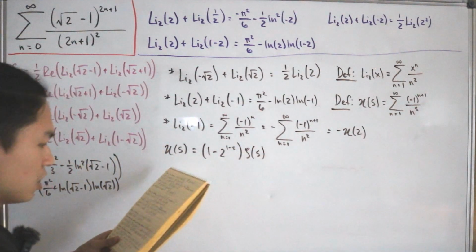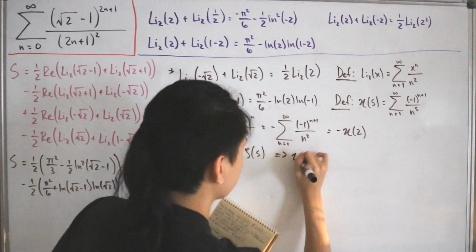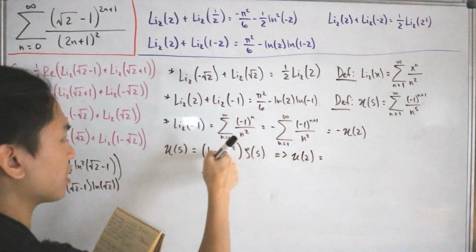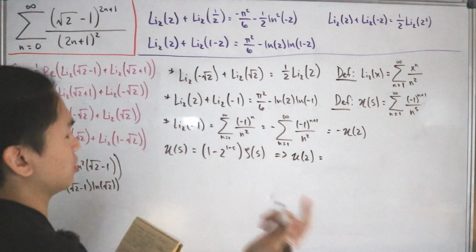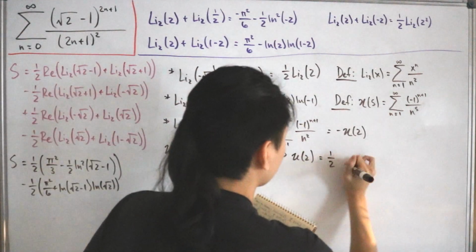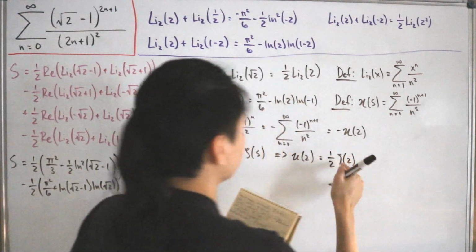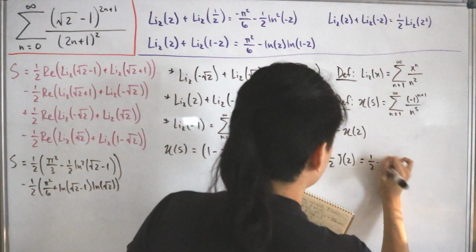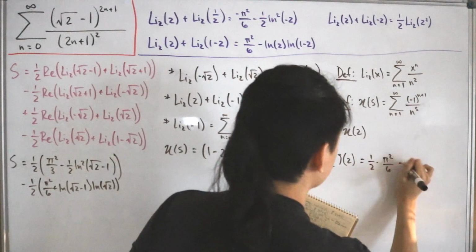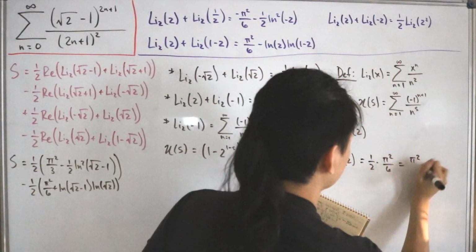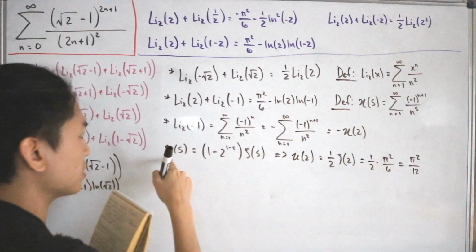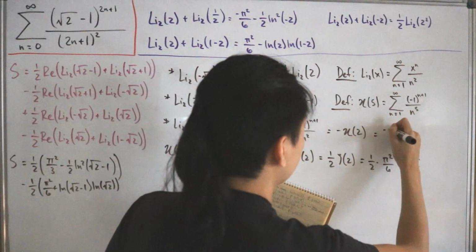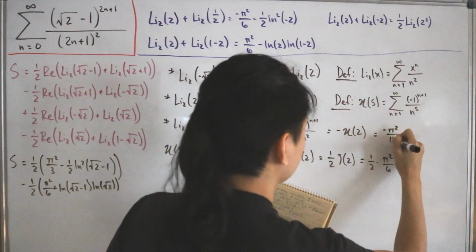So if I plug in 2, eta of 2 is equal to 1 minus 2 to the power negative 1, so it's just 1/2, multiplied by Riemann zeta of 2, that's just Basel's problem, pi squared divided by 6. 1/2 times pi squared divided by 6 is just pi squared divided by 12, which is the eta of 2, then with the negative, this is equal to negative pi squared divided by 12.